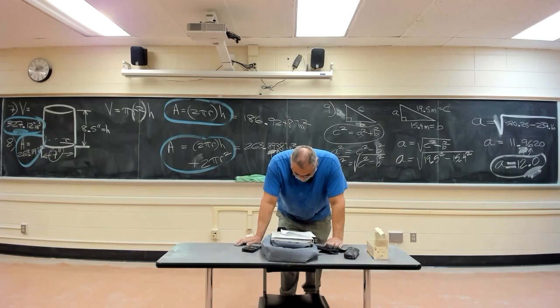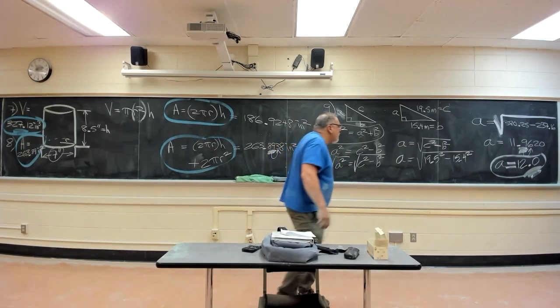So let's see what they got here. We got a trapezoid for 10, and let's take a look at a few things, guys.